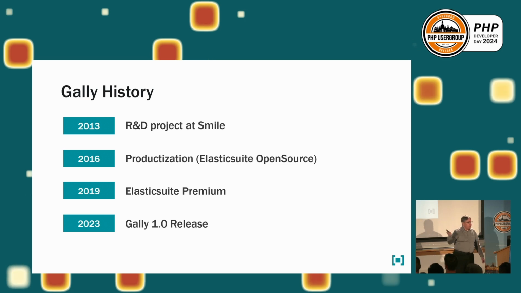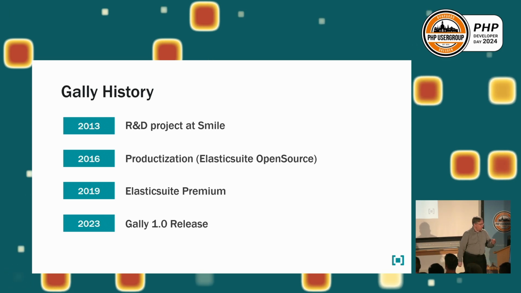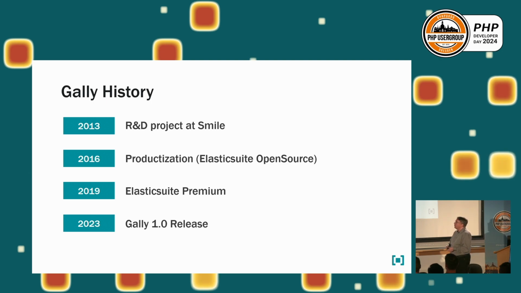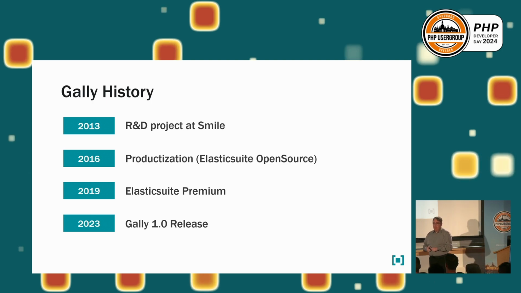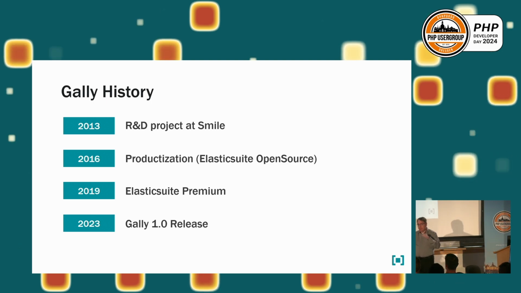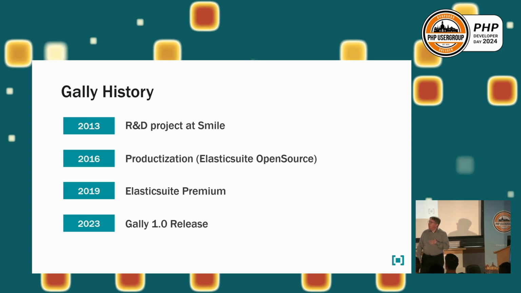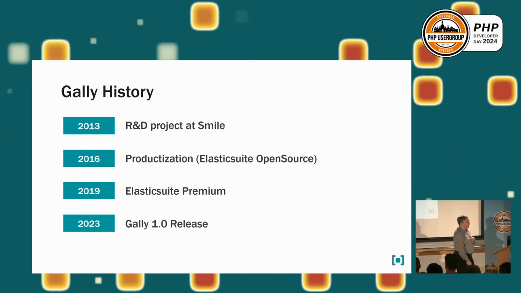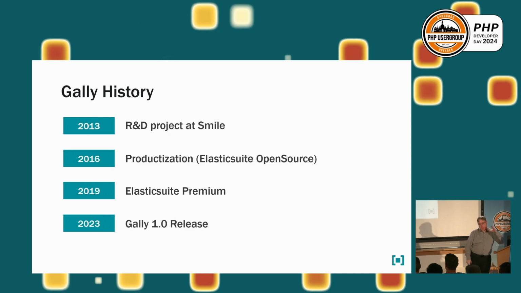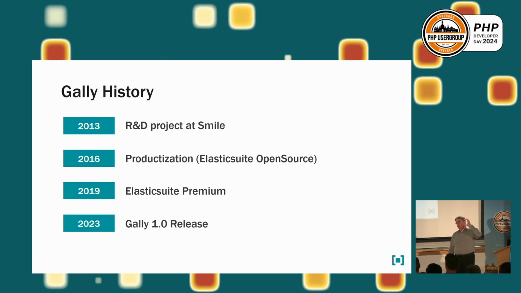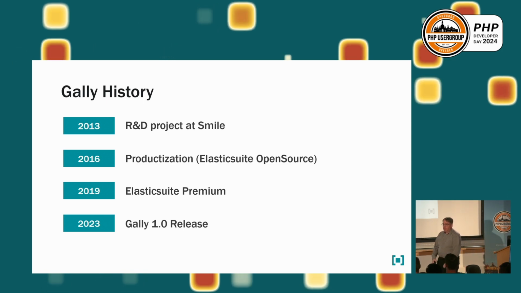It all started in 2013 as a research and development project at Smile. Smile is a large IT consultancy company in France and some other countries, more than 2,000 people. Back in 2013, they were challenged with figuring out if it's possible to plug Elasticsearch into a Magento 1 instance. So they did this.